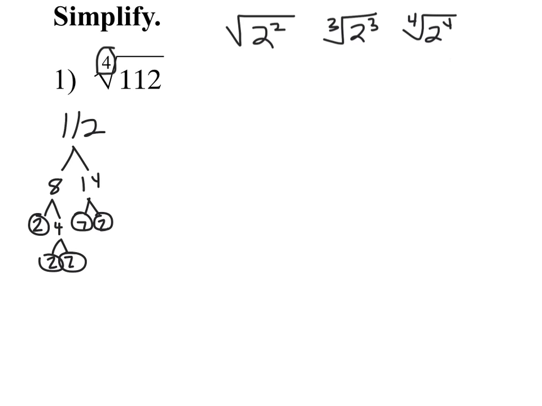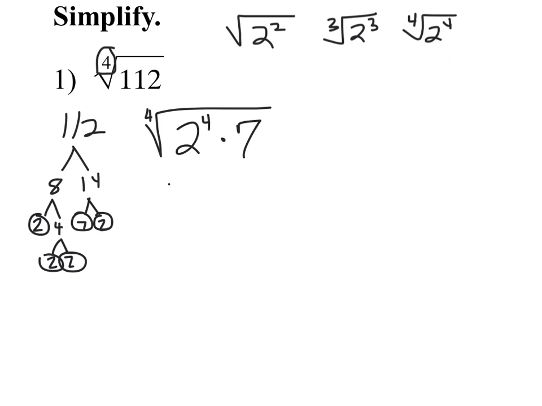Okay, so because my index is a 4, I want everything to be to the 4th power. So as I count these guys up, I've got 1, 2, 3, 4 2's. So I have a 2 to the 4th power times, then I also have a 7 here as well. Okay, so now anything to the 4th power is going to come out.